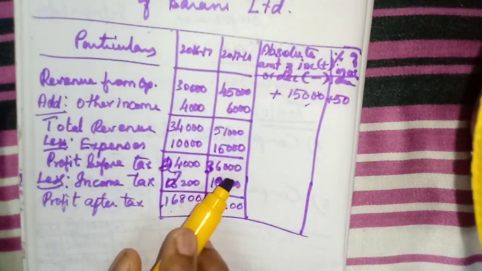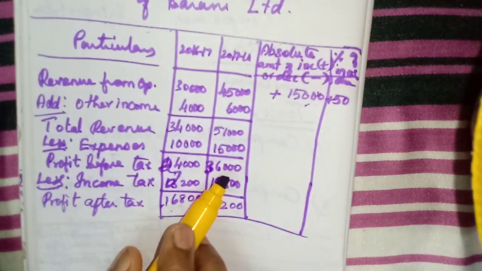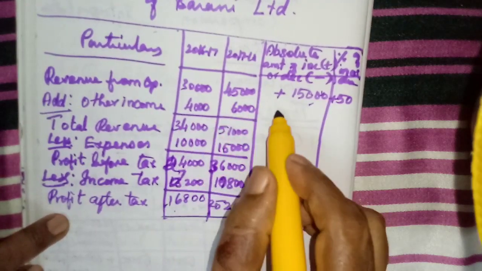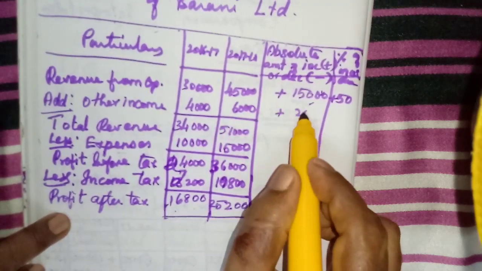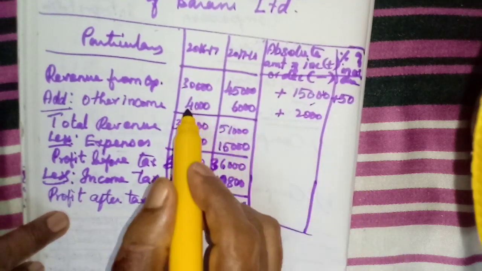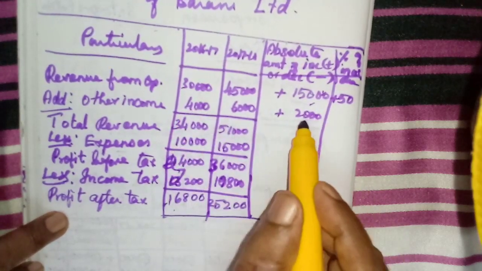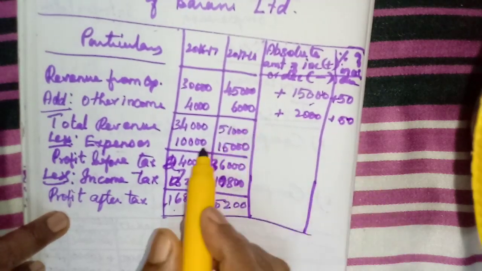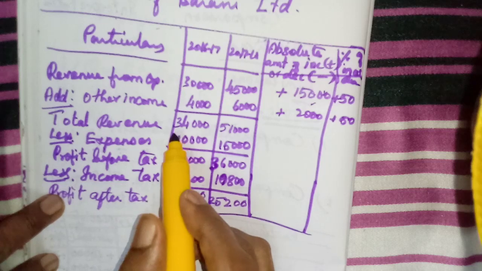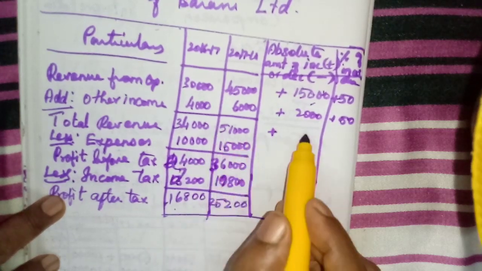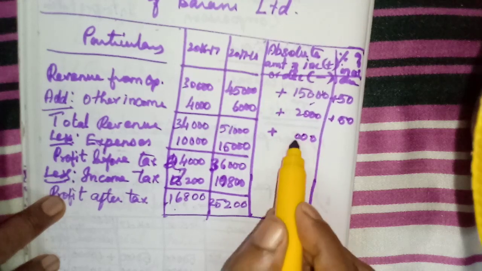Okay, plus 50. Then here increase plus 2,000. Here for 4,000 it is half, so plus 50. Increase only, no, plus. Then 34,000, 51,000. Increase. How much?